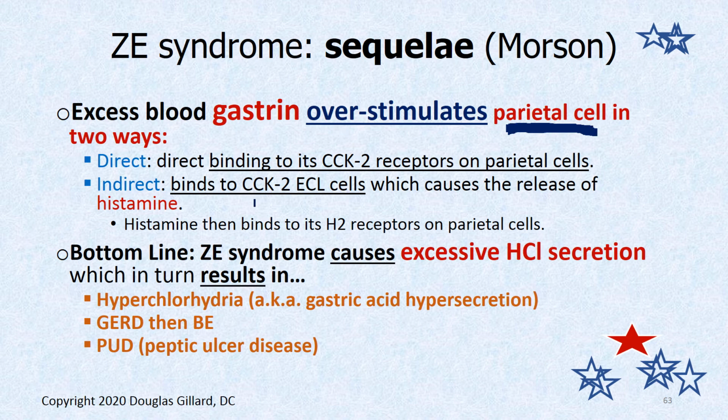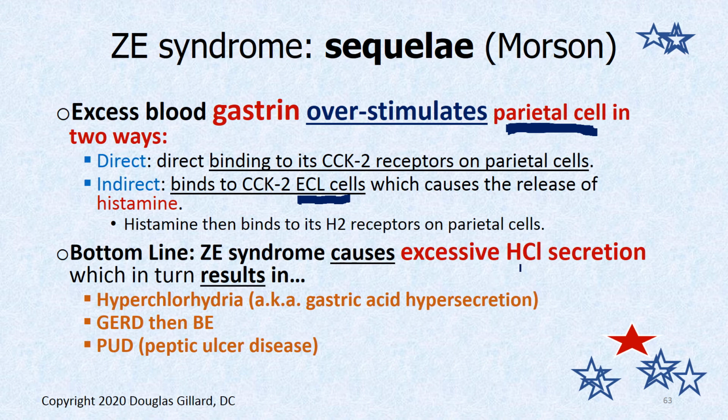But it also binds to ECL cells, right, via CCK2 receptors as its binding receptor, and then it releases histamine. Histamine in turn binds to H2 receptors on parietal cells, so you get a double whammy, a double stimulus for the release of acid. So you get huge amounts of acid secretion in people with this problem.